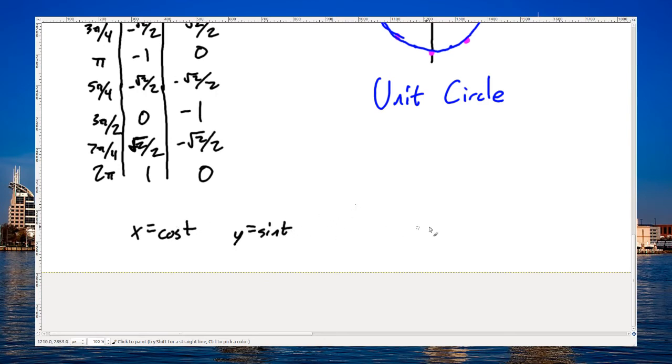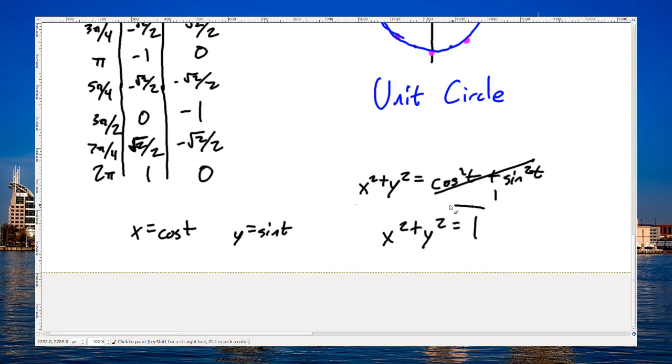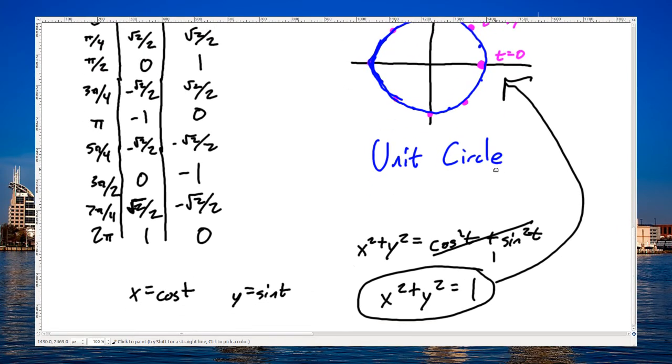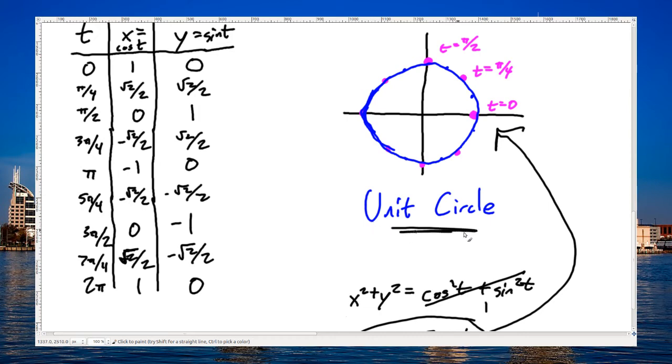And then the inside t's would go away. So I'll just write x squared plus y squared. That would have to equal, and this is what we normally want to do if we have sines and cosines, something along these lines, because then I have cosine squared of t plus sine squared of t. Of course, that all cancels to 1, and so my equation is x squared plus y squared equals 1, and that, of course, is the equation of a circle of radius 1 centered at the origin, which is, again, that unit circle. And so that takes care of that particular problem.